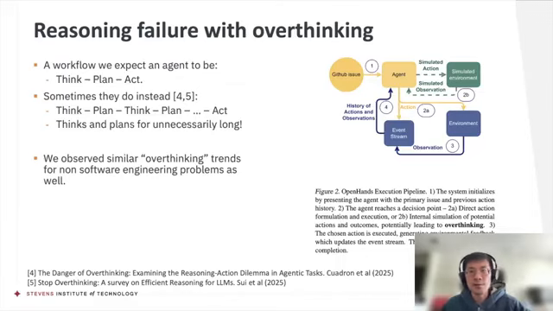Another reasoning failure involves overthinking. Nowadays, we want language model-based agents to work on complex problems that require a lot of steps. And these steps usually start with a thinking stage. After that, the model comes up with a plan, and the plan usually leads to step-by-step instructions for itself.